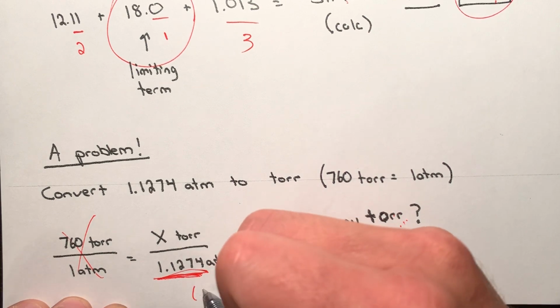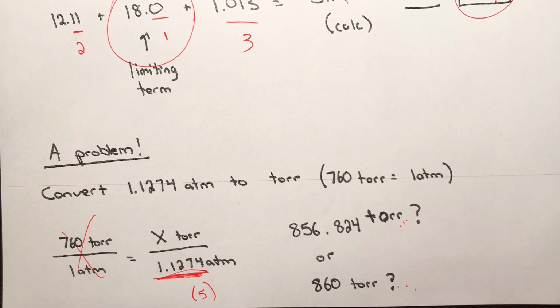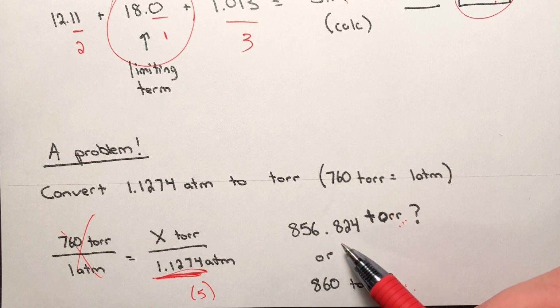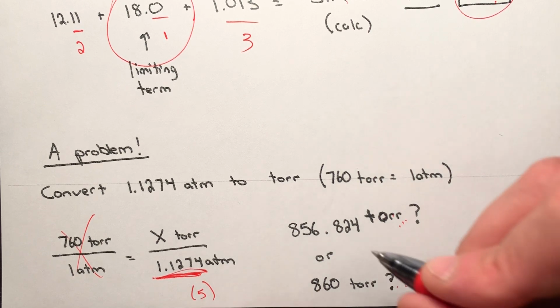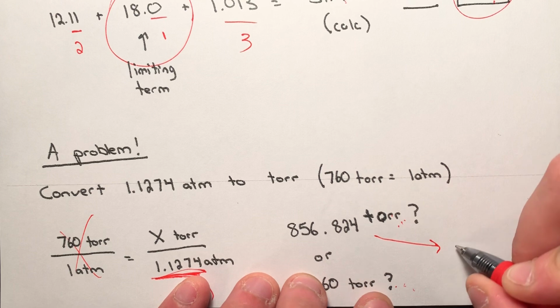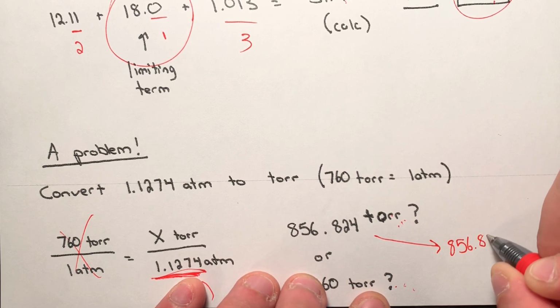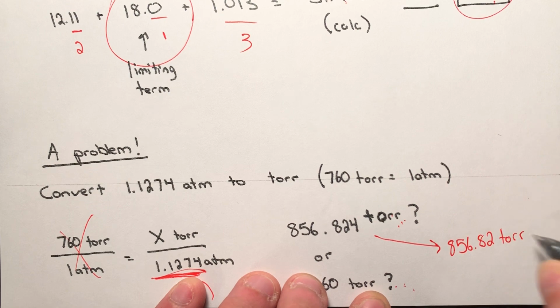So the number we're looking at here is 5. And so neither of these answers are correct, right? This would attempt to throw you off if we're thinking that we're limited by the 760 here. This would throw you off if you merely record the number your calculator shoots out. We're going to have to take this and make sure that it just has 5 significant figures. So we're looking at 856.82 torr as our final answer.